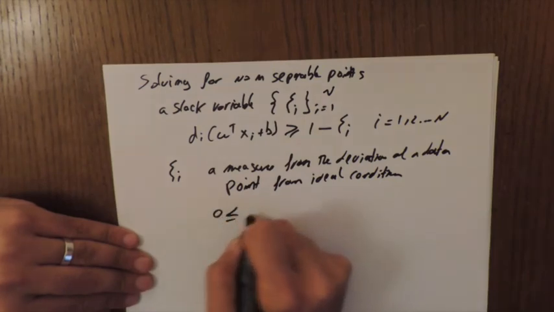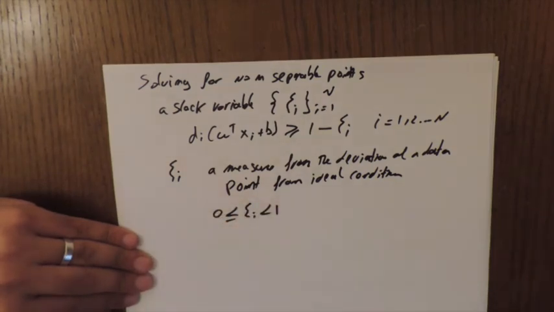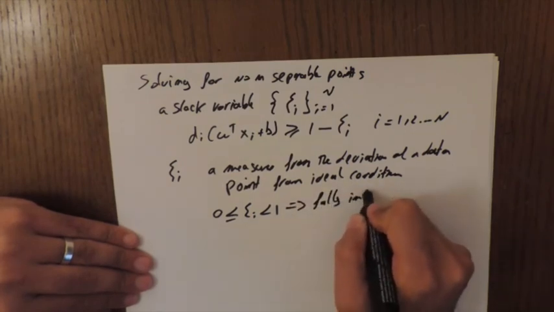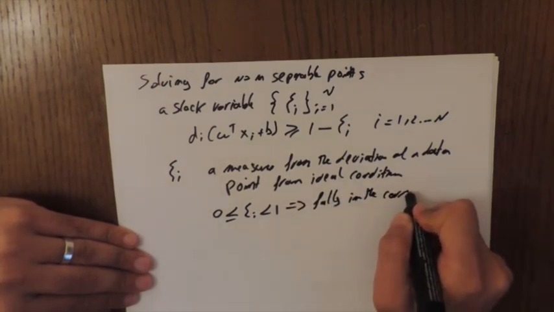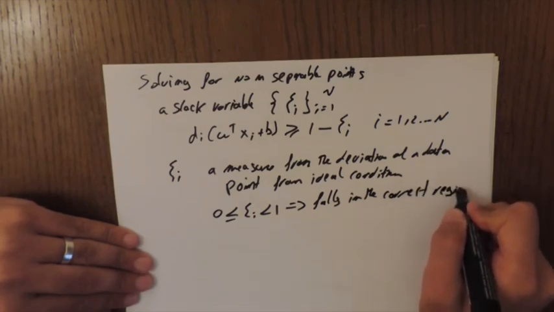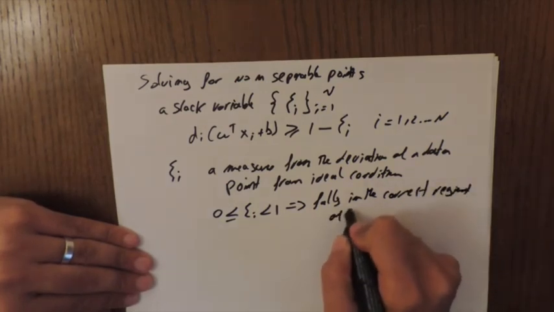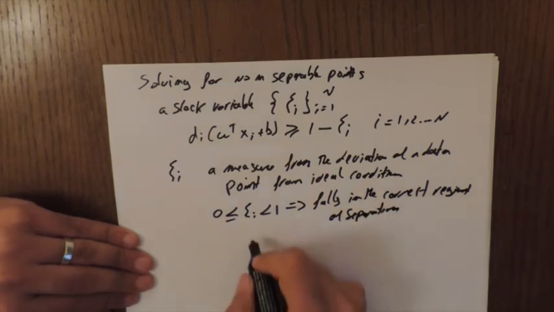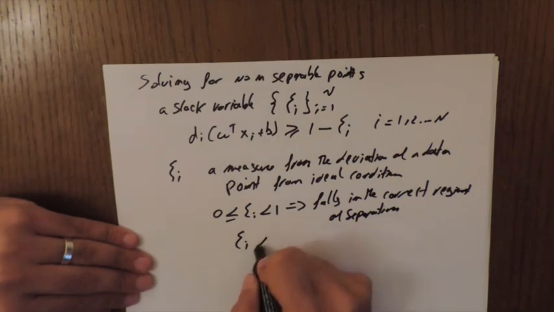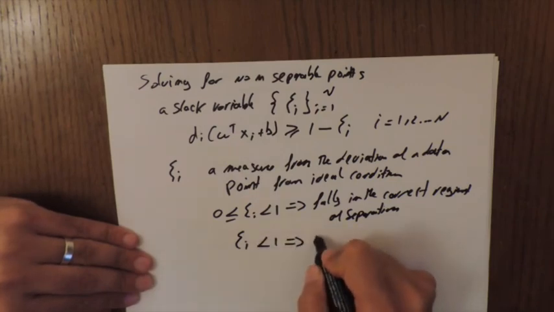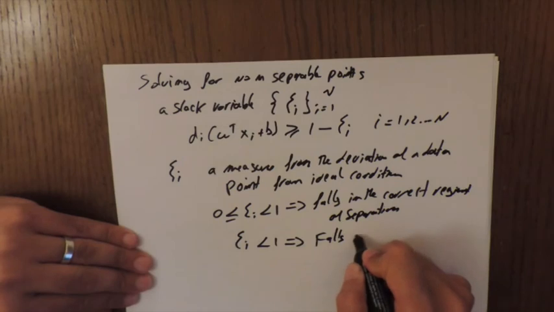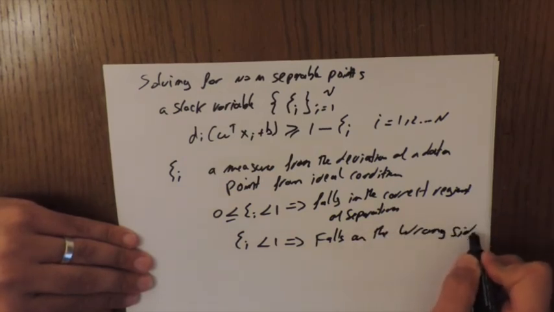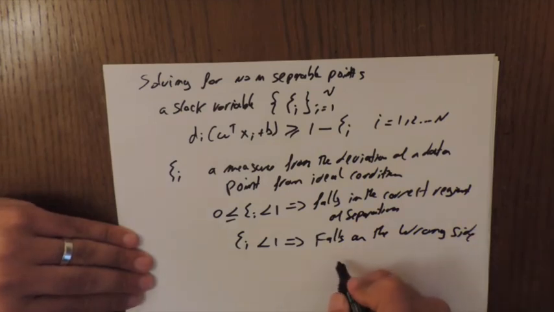If ξi is between 0 and 1, it implies it falls in the correct region of separation. If ξi is greater than 1, it implies it falls on the wrong side of the separation hyperplane.